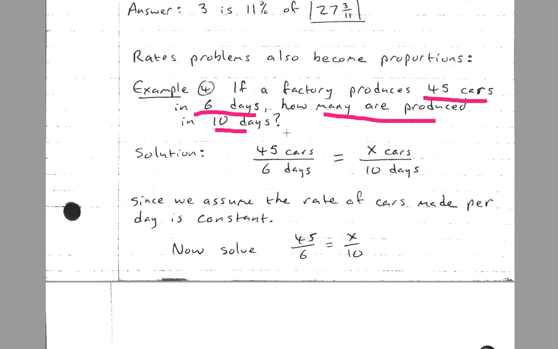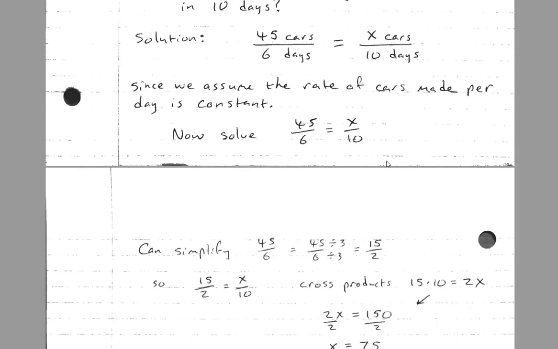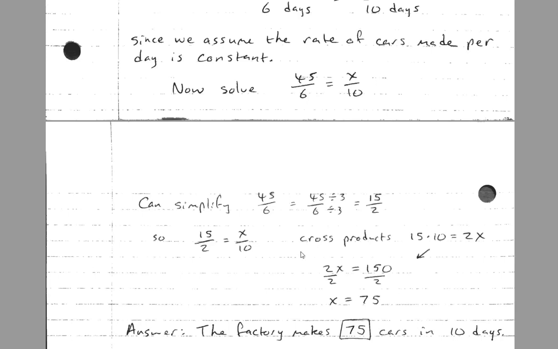Okay, so once you have this figured out, then it just goes back to another proportion to solve. Yeah, we can simplify this to 15 over 2, canceling 3's. So 15 over 2 equals X over 10.